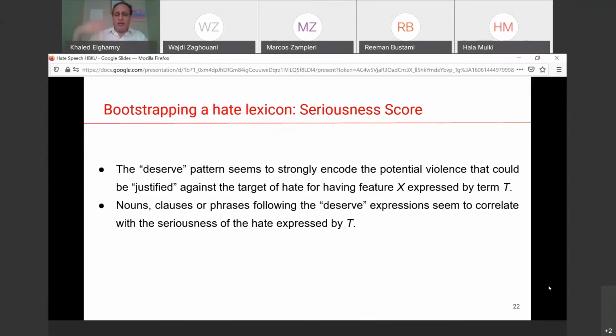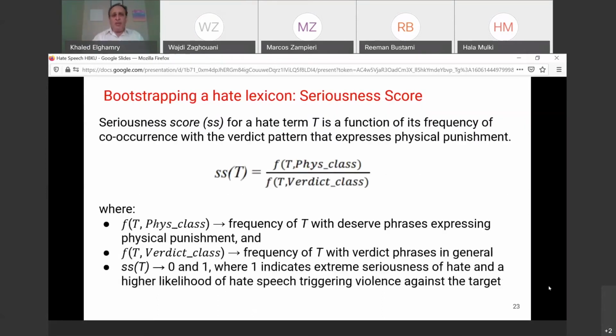Remember, in the deserve pattern we have a noun, a verbal noun, or an infinitive clause that follows the deserve expression, and these seem to correlate with the seriousness of hate expressed by the hate term. This is an assumption, of course, that needs a lot of future testing and experimentation. I'm not claiming any causality, just a strong correlation between the two.